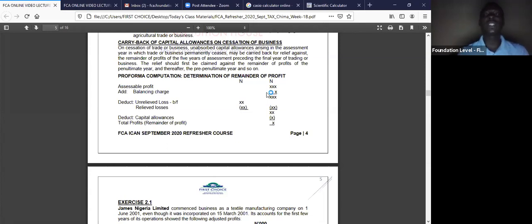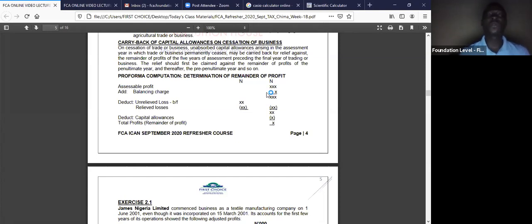Now, when a business has unutilized capital allowances and it is ending its business, let's say, for example, you have 1 million naira as your capital allowance, you have not claimed it, and you are ending your business this year, maybe July 31st. What happens to your unrealized capital allowance? You cannot carry it forward anymore. This is because your business is ending.